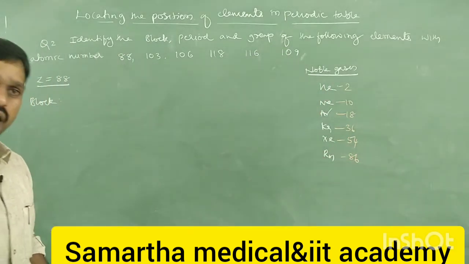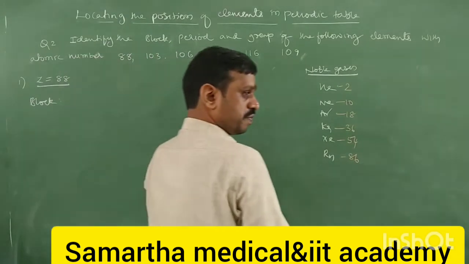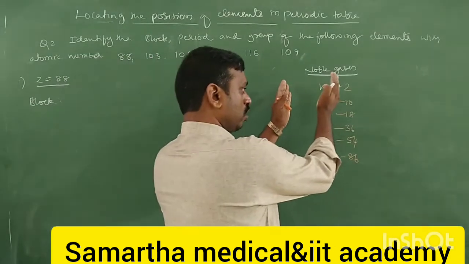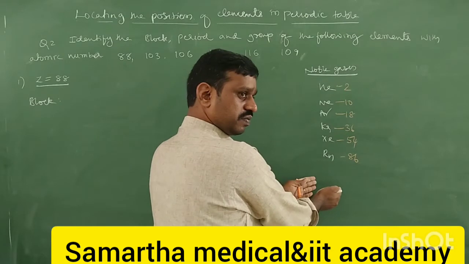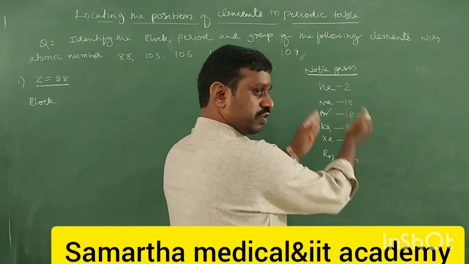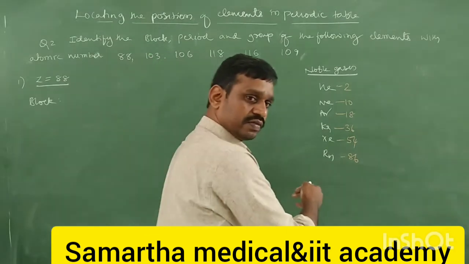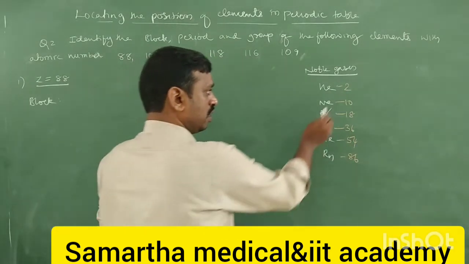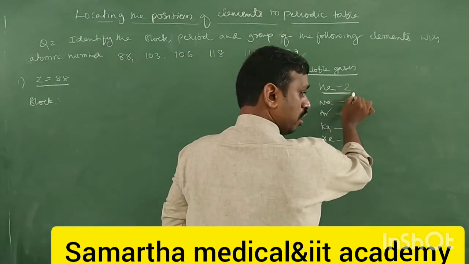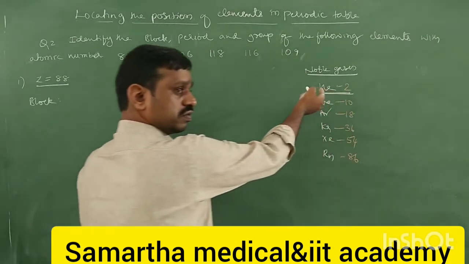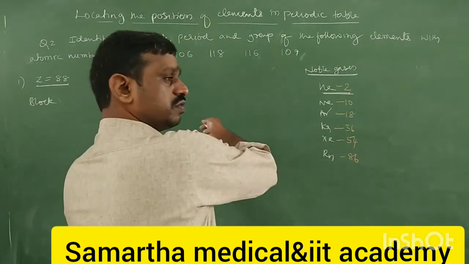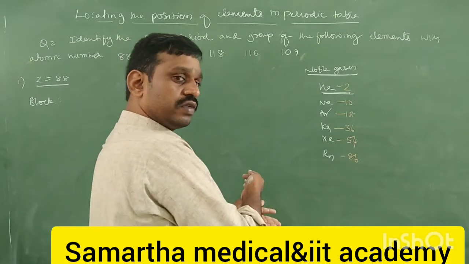All the periods end with a noble gas, and start with what? Alkali metals, isn't it? For example, after helium, the starting element is lithium, right?